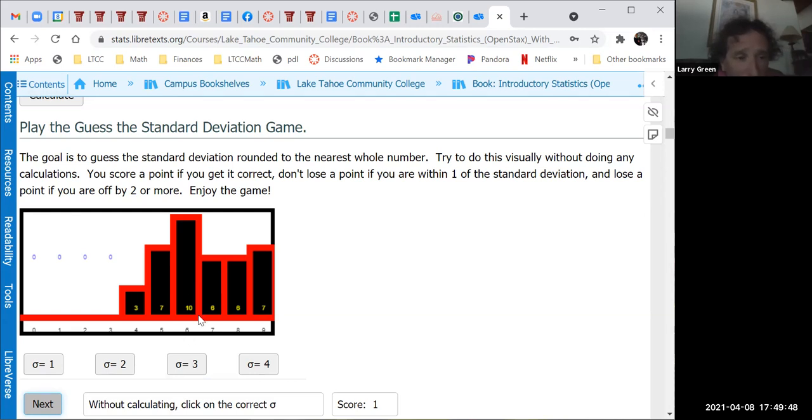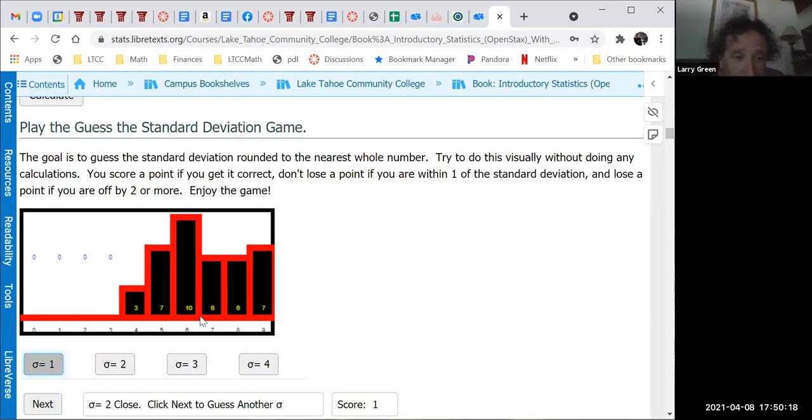If I go 3 to the left of the mean, there's nothing farther than that. And if I go 3 to the right of the mean, there's nothing farther than that. So the average distance from the mean can't be 3. Is that clear? So it's going to be 1 or 2. I could type 1, but it's actually 2.